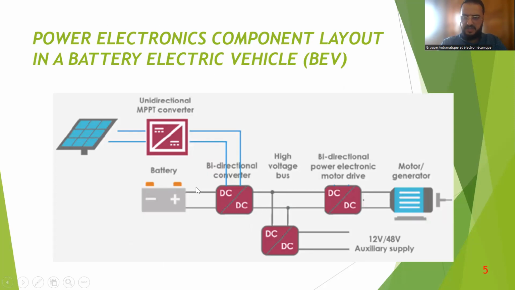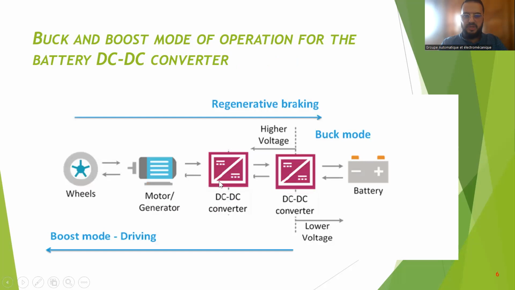We have a battery, a buck-boost chopper, and another chopper because we will choose a DC motor, and the integration system of the PV and an auxiliary supply. The main system works in two modes of control, the boost mode of control and the regenerative braking mode of control, of course.